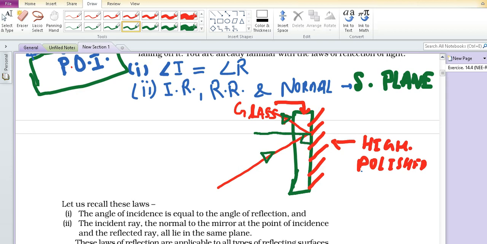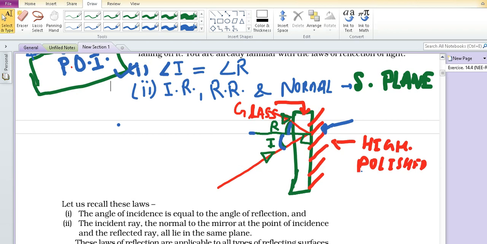So this will be the angle I, and this will be the angle R. If it is highly polished, this surface will reflect most of its light, reflecting all the light. The angle that the incident ray makes with the normal is angle I, and the angle the reflected ray makes is angle R. Both angles will be equal to each other. Angle I is equal to angle R.